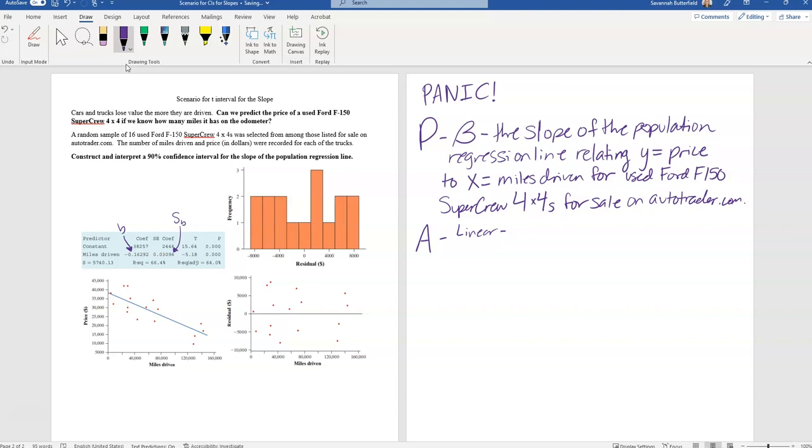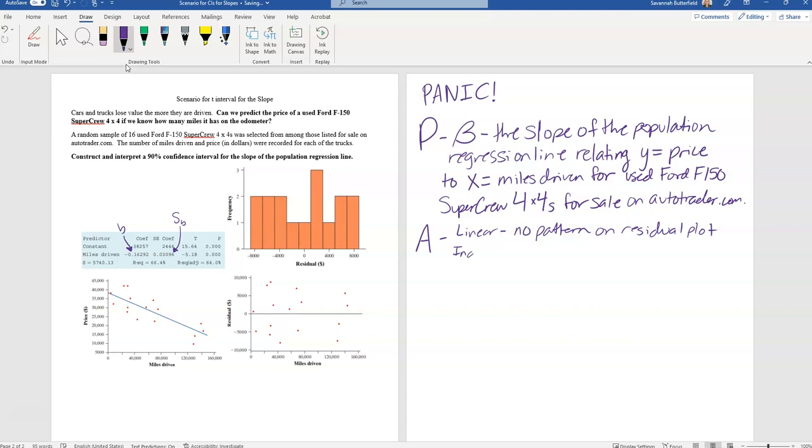More often than not, you're probably going to see the residual plot. So for practice, we're going to say there is no pattern on residual plot. Because again, more often than not, that's what you're going to refer to.